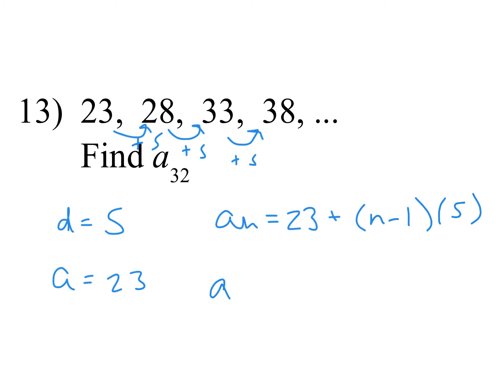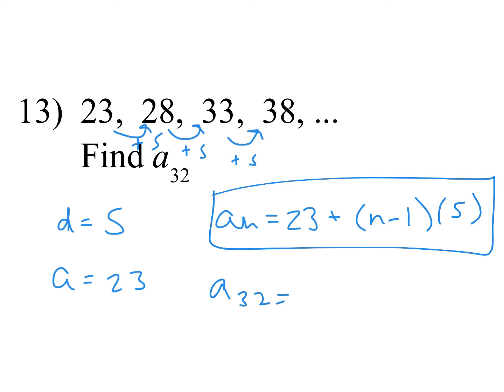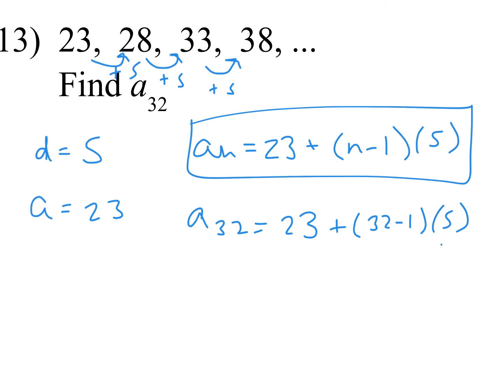Once we have our general formula, we can plug in 32. So 23 plus 32 minus 1 times 5. What do we have to do first? 32 minus 1. So that would be 31 times 5 plus 23. What do we do next?